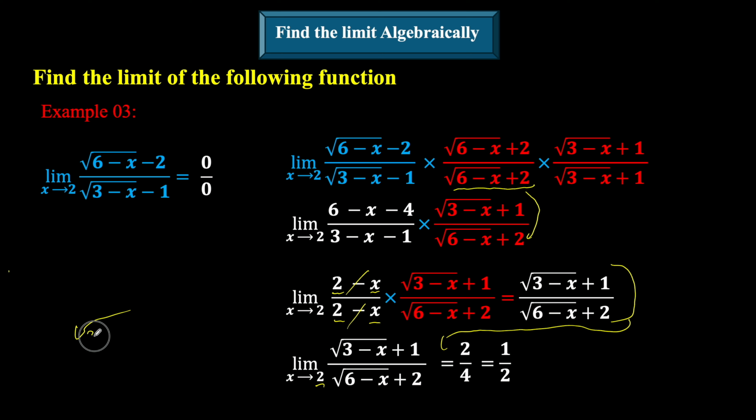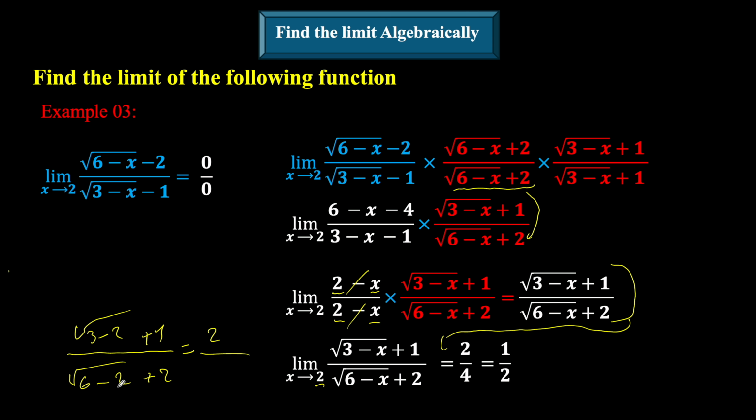So we say the square root of 3 minus 2 plus 1 over the square root of 6 minus 2 plus 2. This is equal to, so 3 minus 2 is equal to 1, the square root of 1 is 1, 1 plus 1 is equal to the number 2, okay?